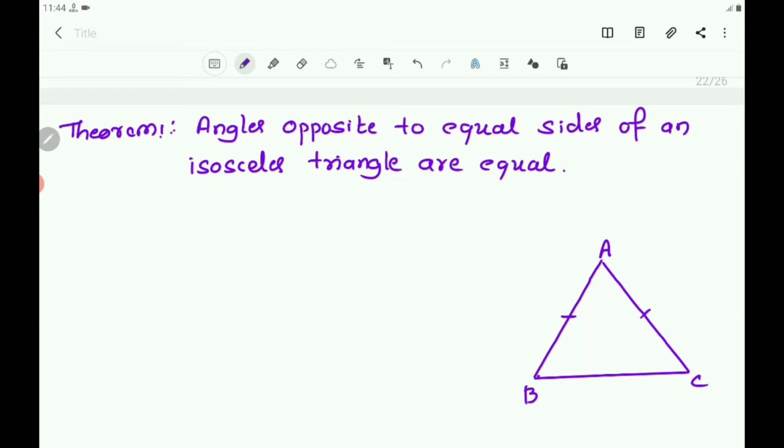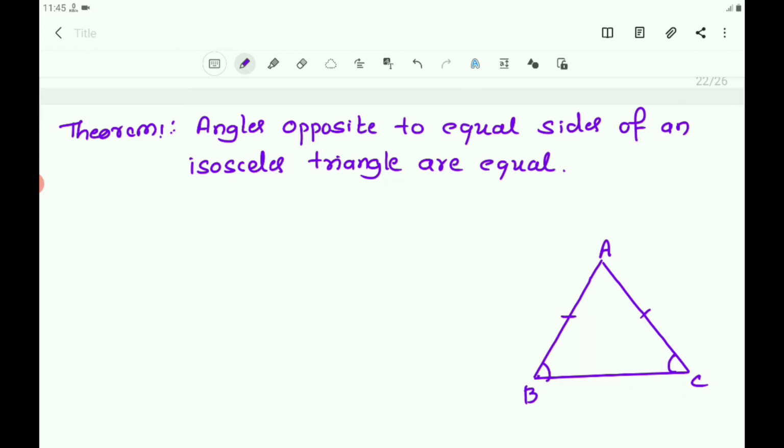AB and AC are equal. So the theorem says that as AB equals AC, angle B must be equal to angle C. Angle ABC must be equal to angle ACB. That you have to prove.